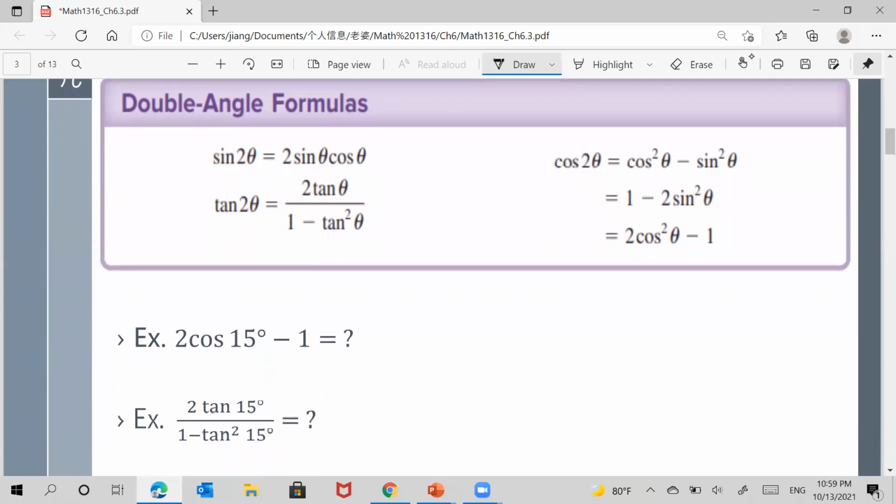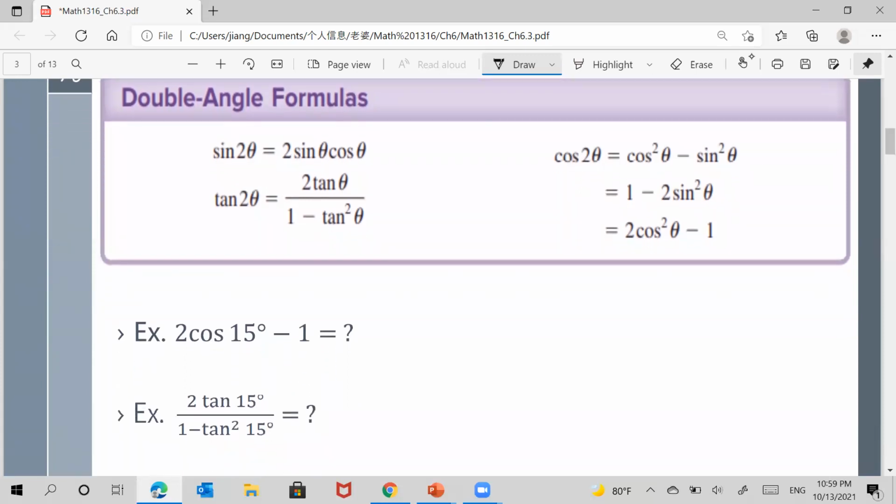Let's use the double angle formulas to compute some questions. The first one, 2 times cosine squared 15 degrees minus 1. It's nothing but cosine 2 theta equals the expression we just talked about a minute ago.